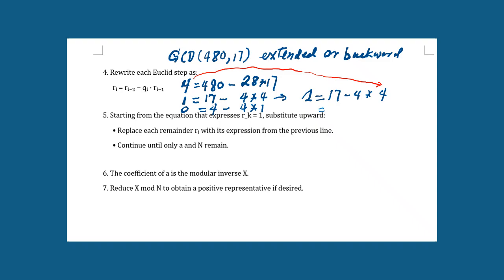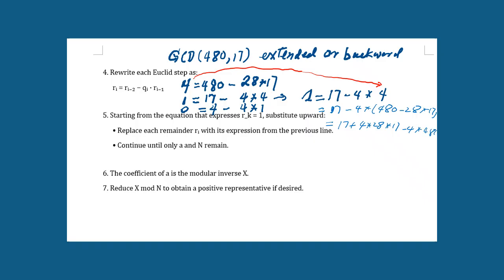So they continue here. So the 17 minus 4, and then times that 480 minus 28 times 17. We simply reorganize this a little bit. Remember, 17 is what we're interested in. That's the A here. So that means 17 plus 4 times 28 times 17 minus 4 times 480.